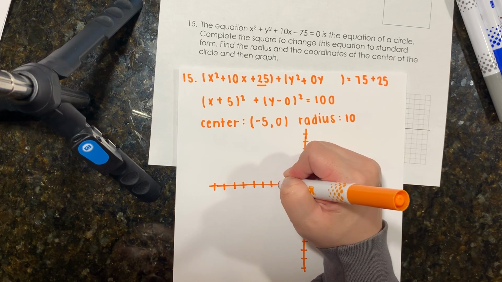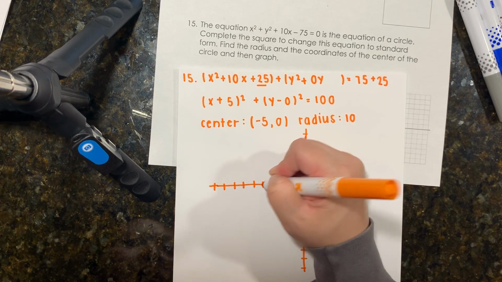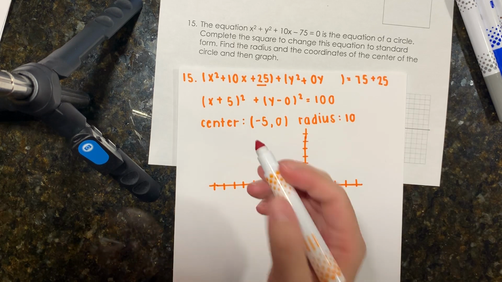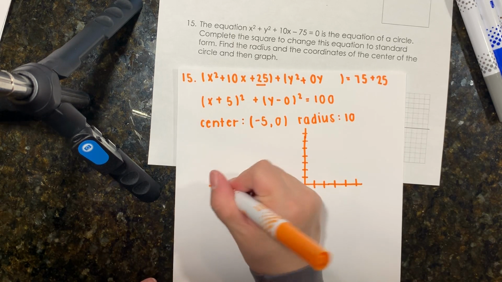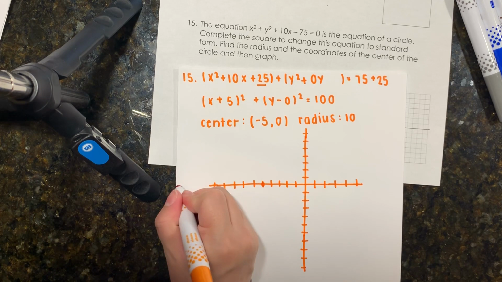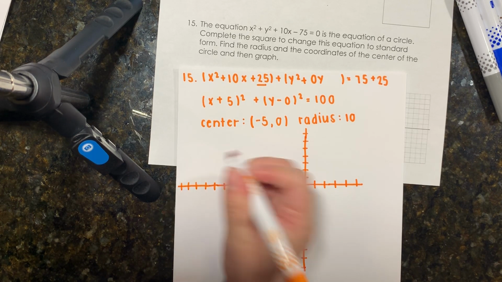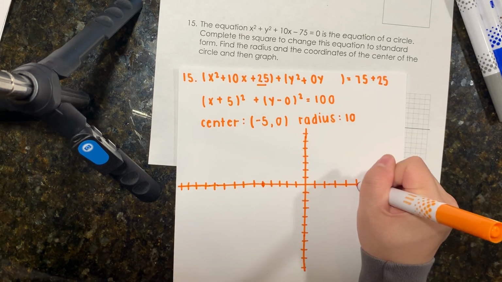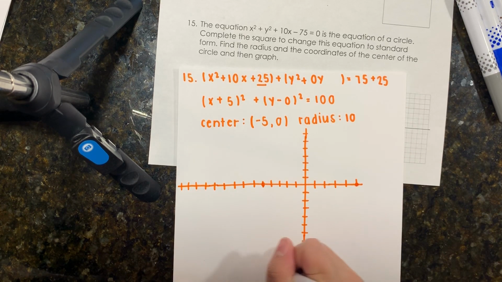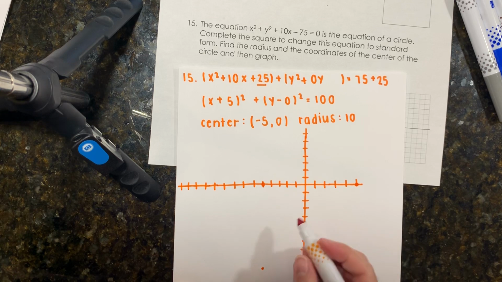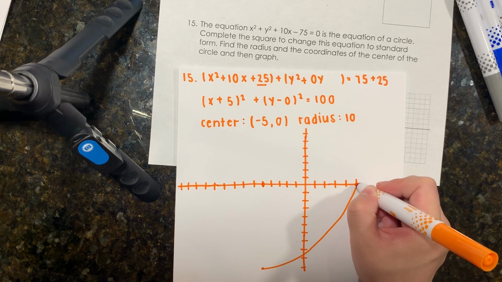So 1, 2, 3, 4, 5. Your radius is 10. So 1, 2, 3, 4, 5, 6. It doesn't even fit. So go 10 to the right, then 10 down. I'm not going to really complete my circle, so it's going to look something like this.